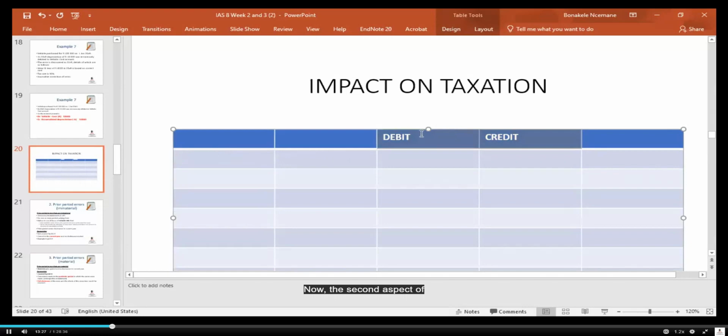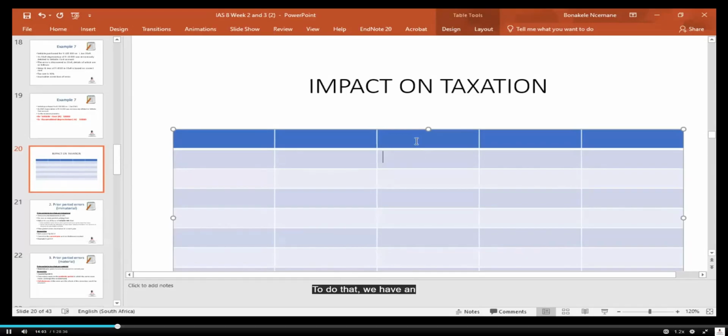Now, the second aspect of this question that I wanted us to deal with: we've seen how we can correct an error in this journal in the instance where the error has occurred in the current year. Now, I also want to do some calculations of proofing. What we want to show proof for is that the taxation has been correctly treated.